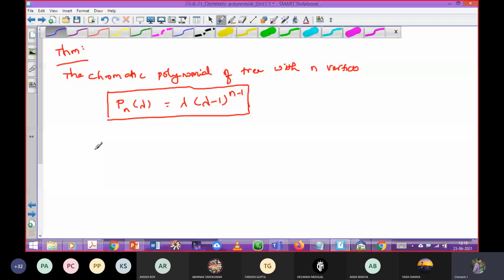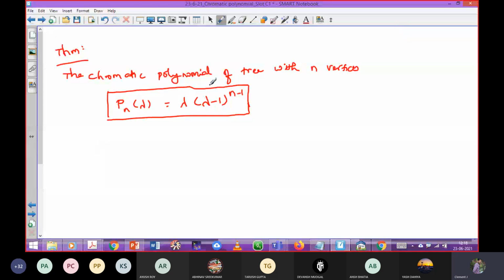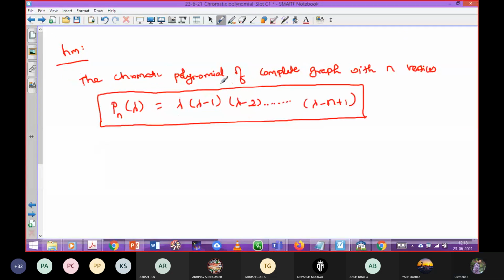Okay, fine. Now let us enter into the keynote. See here. This is actually the chromatic polynomial of a complete graph. These are small definitions. It's not required to get into the proof, but they will be needed to solve the problem, so you should keep them in mind. See here, the chromatic polynomial of a complete graph with n vertices. Usually they are determined as a theorem.